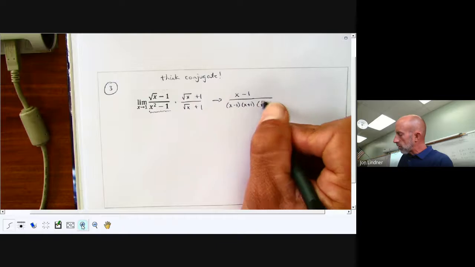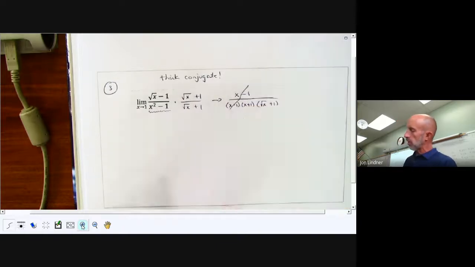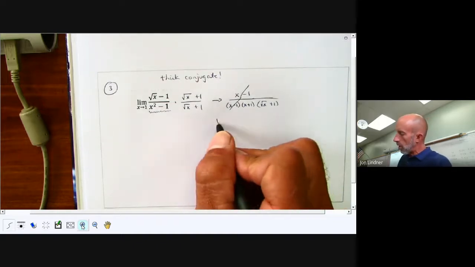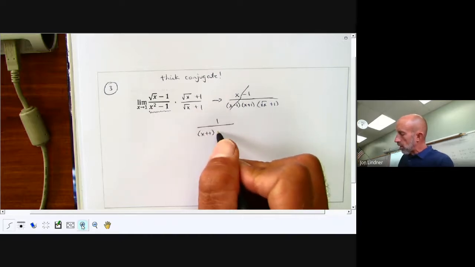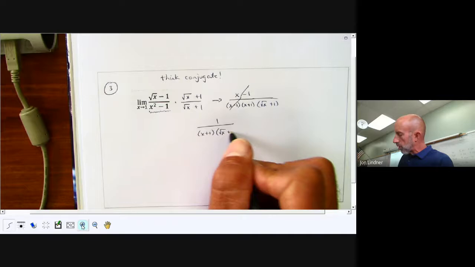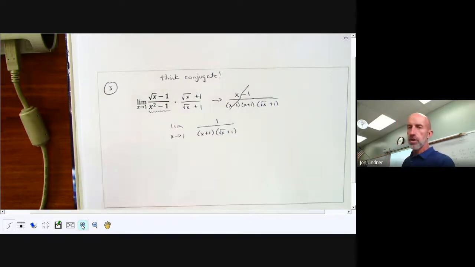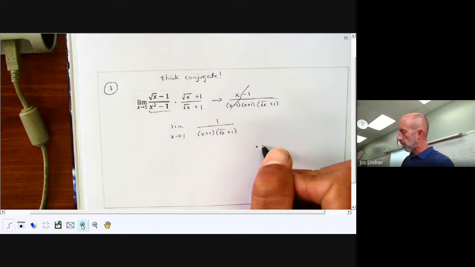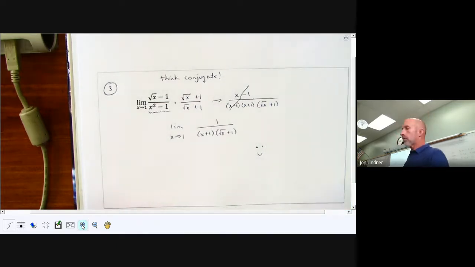I've still got this crazy little square root of x plus 1 over here, but that thing goes away. And I'm left with 1 over x plus 1 times the square root of x plus 1. And I can evaluate my limit now by substitution. All right, so yay for us. We did good there. Let's move on.